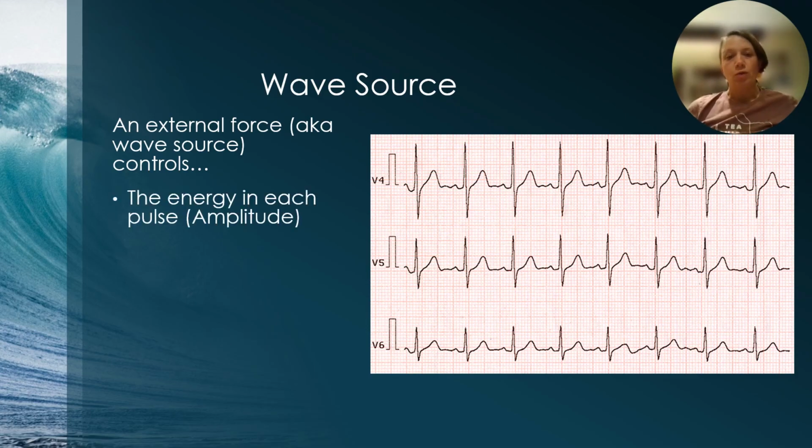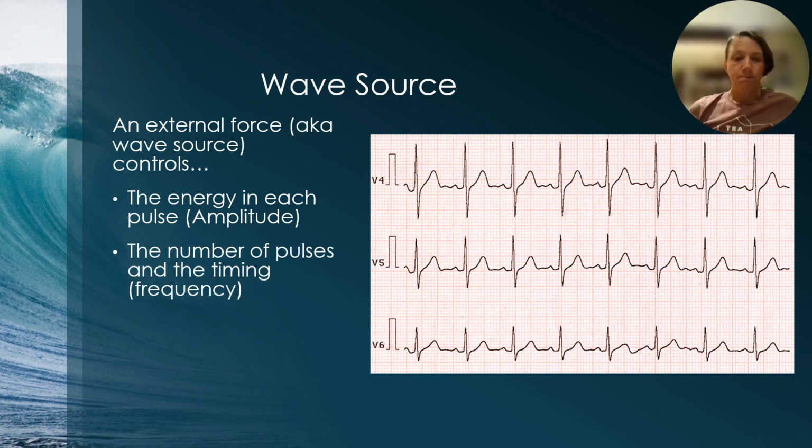For example, the wave source controls the amount of energy in each pulse, aka the amplitude that we talked about in the previous lecture. So you can see in this EKG wave pulse map on the right that some of those wave pulses have higher amplitude. They were caused by a higher force exerted on the medium.